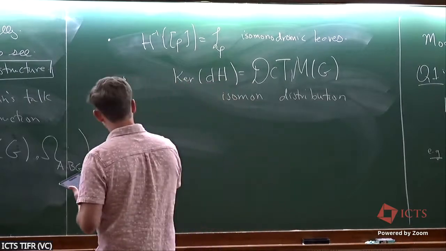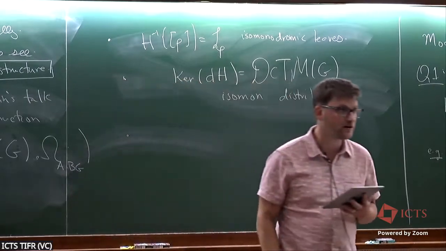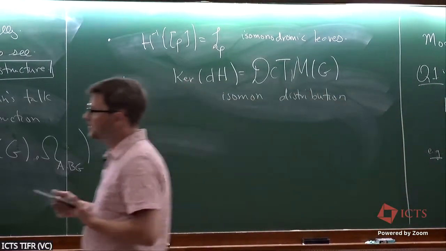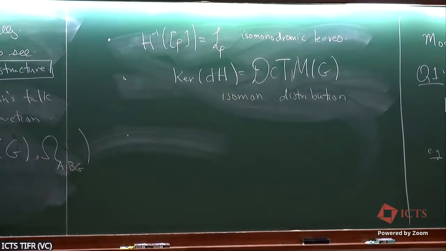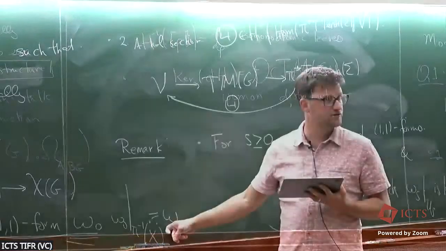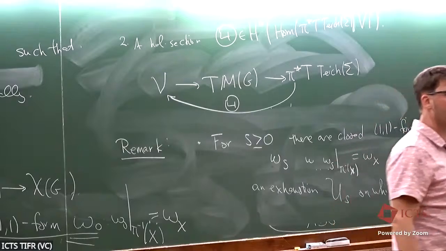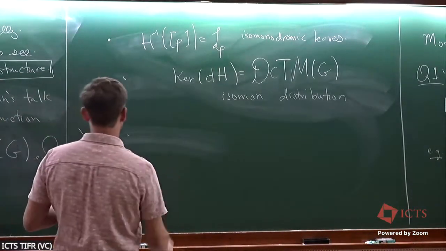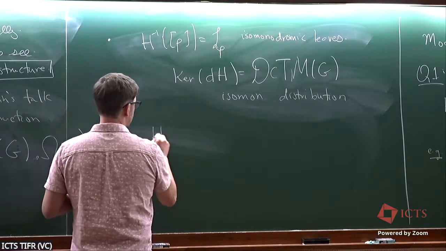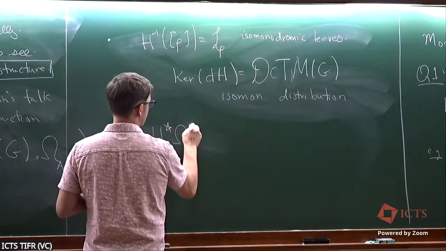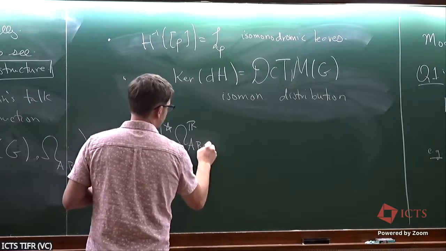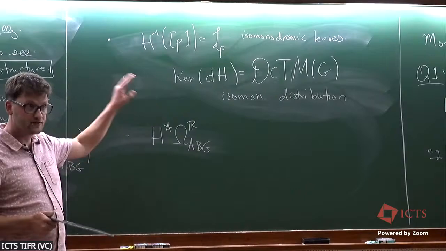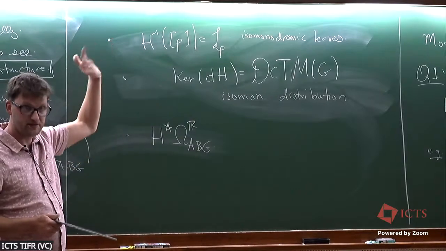Okay, good. So now let me define what omega naught is. What do you want it to do? You want it, first of all, to restrict to this Kähler form on the fibers. So one thing you might do is just pull back the real part of the Atiyah-Goldman form. This definitely restricts to the thing you want on the fibers.